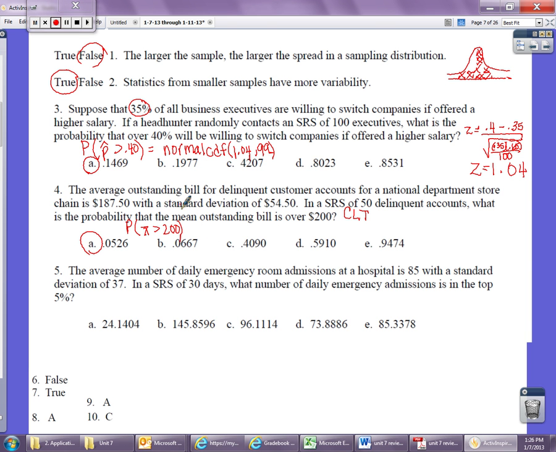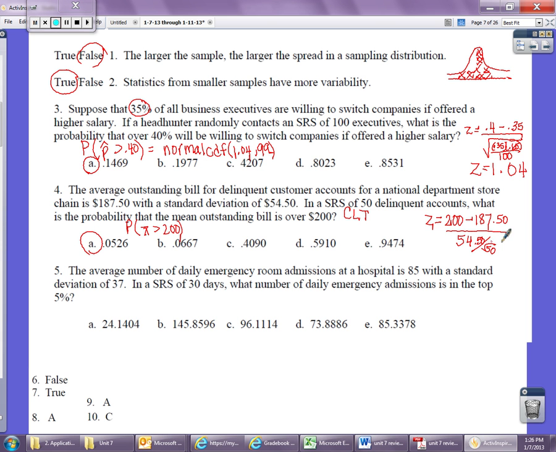So you have to convert that 200 to a z-score: 200 minus the mean, 187.50, divided by the population standard deviation, 54.50, divided by the square root of your number in the sample, which is 50.